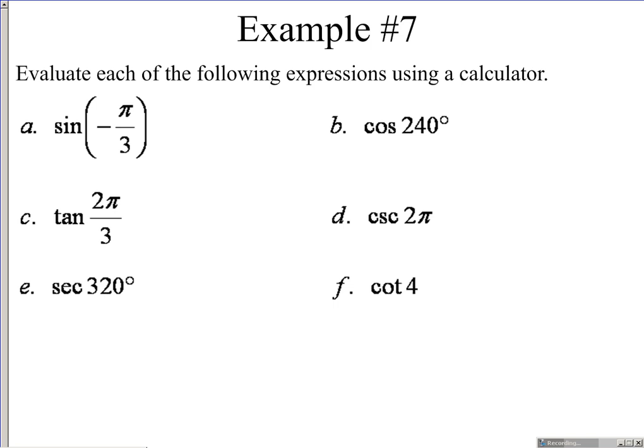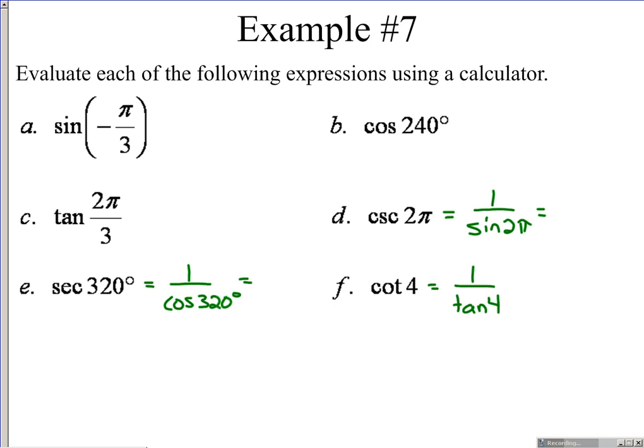So cosecant of 2 pi, we have to punch in as 1 over the sine of 2 pi. Secant of 320 degrees is 1 over the cosine of 320 degrees. And cotangent of 4 is 1 over the tangent of 4. So that's how you must plug those in.